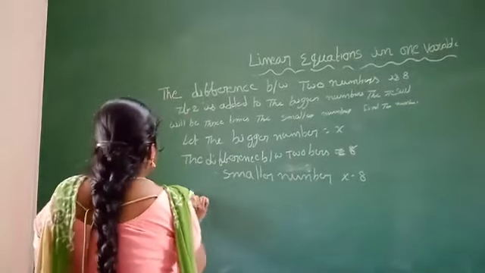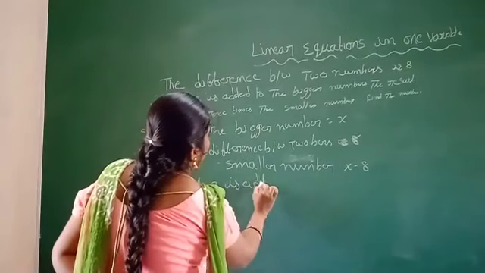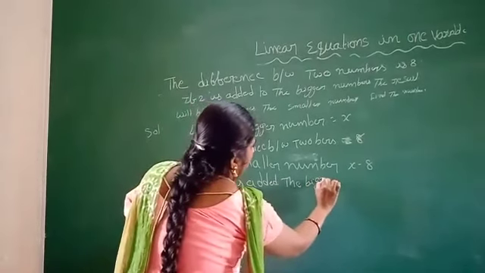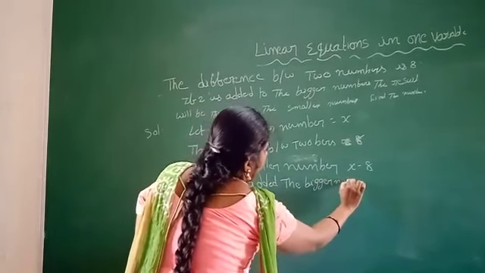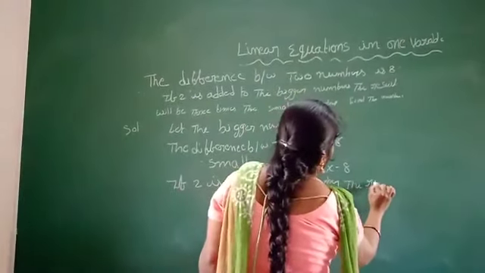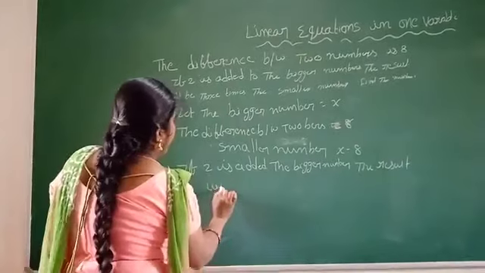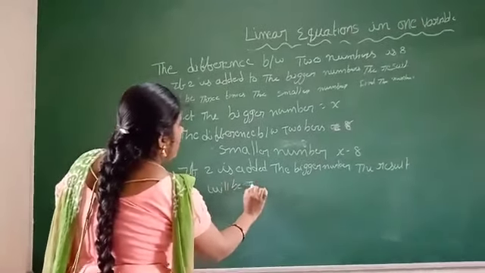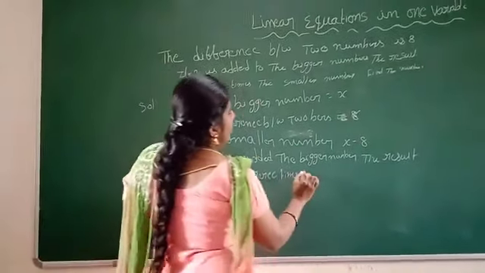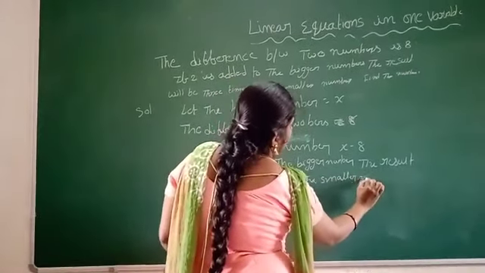Next, if 2 is added to the bigger number, the result will be 3 times the small number.